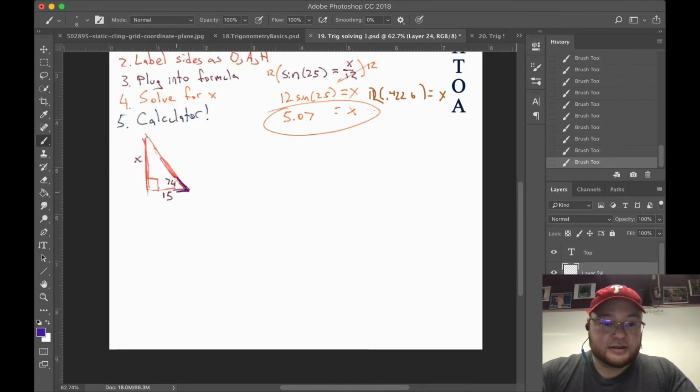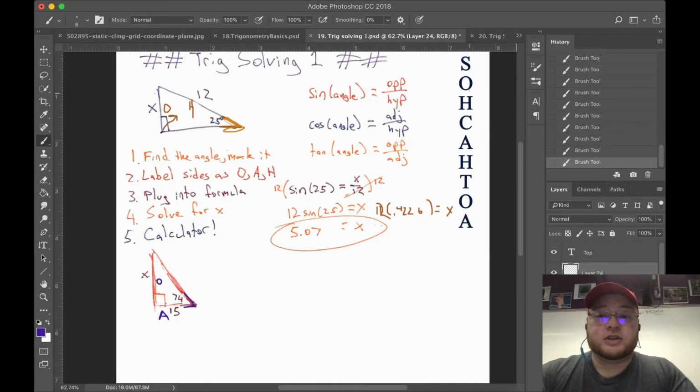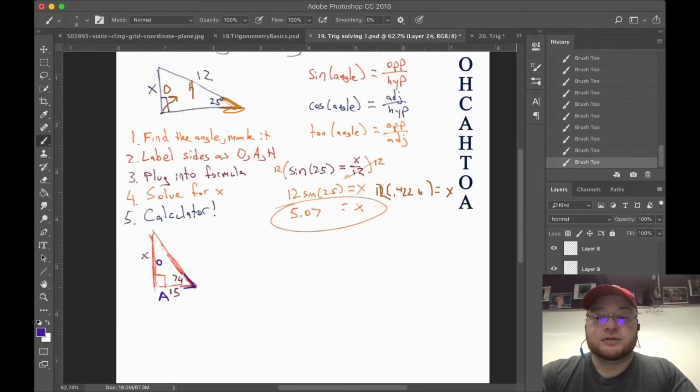From this corner, this one is all the way across, so that's O. This is right next to it, but it's not across the right angle, so it's A. Which one has OA? TOA, tangent. So tangent of the angle, which is 74, equals O, which I have labeled as x, over 15.